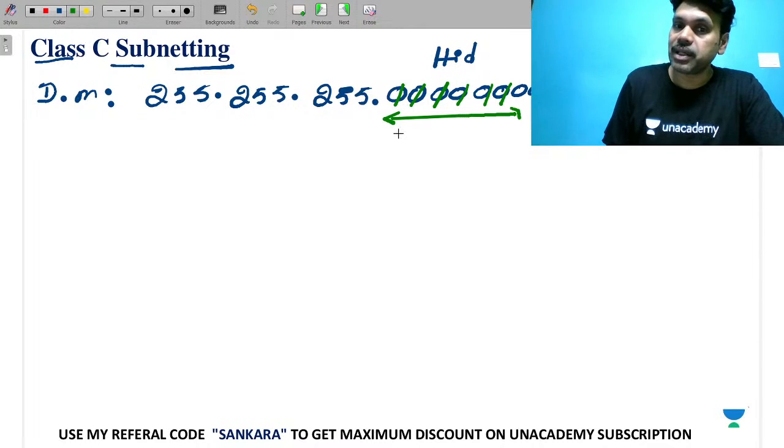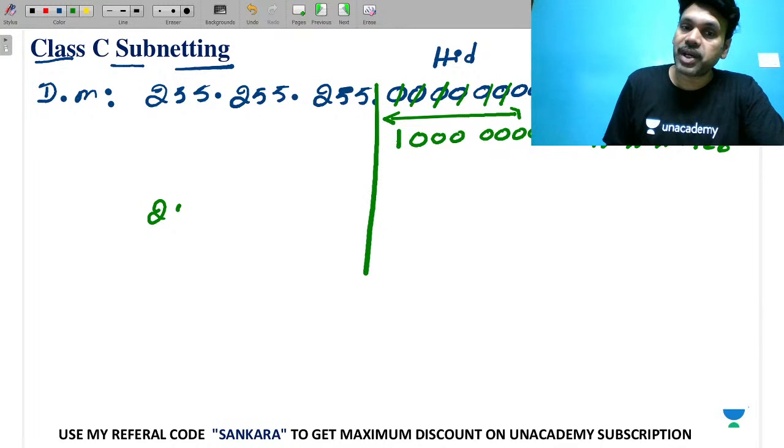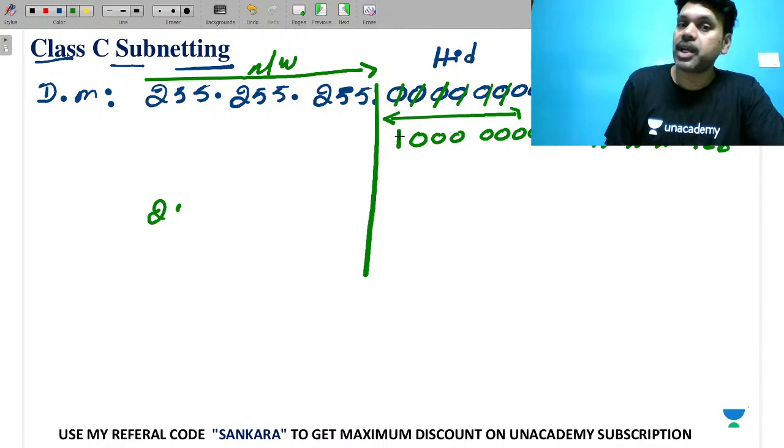Class C subnetting. I made one bit on and the remaining are off. So what is the value? The last value is 128, which is N.N.N.128. We are not going to disturb the network part. Please observe, this is completely the network part. The host ID part I am manipulating.